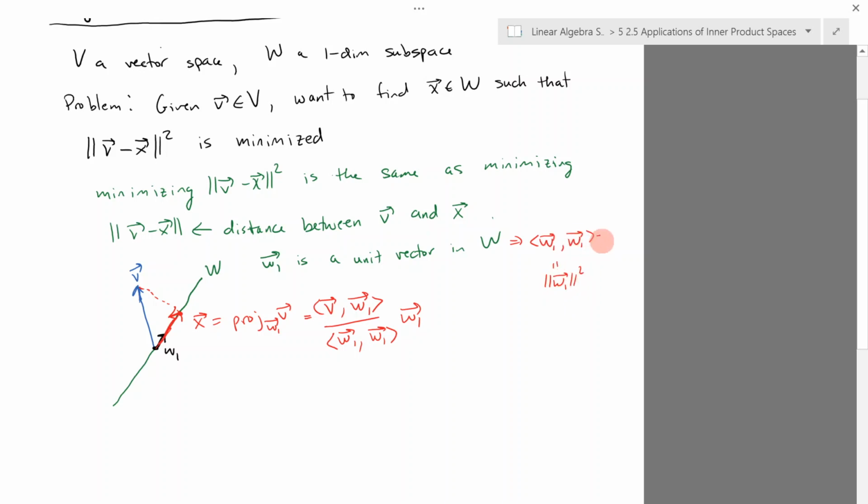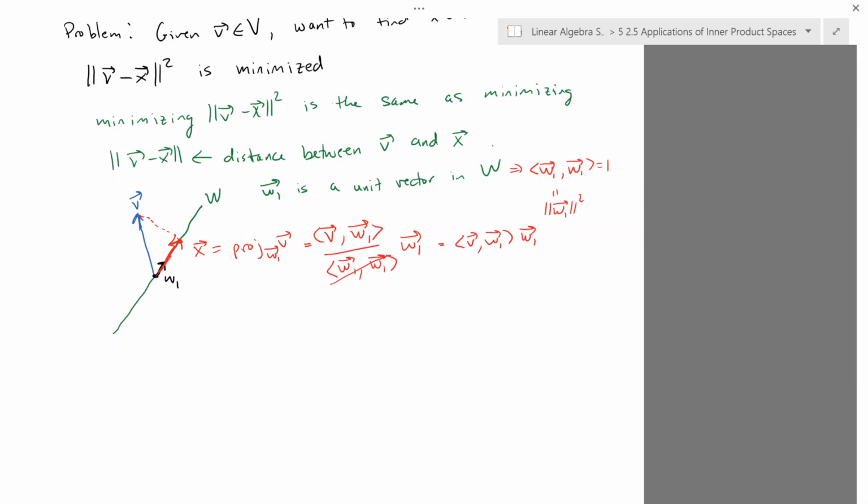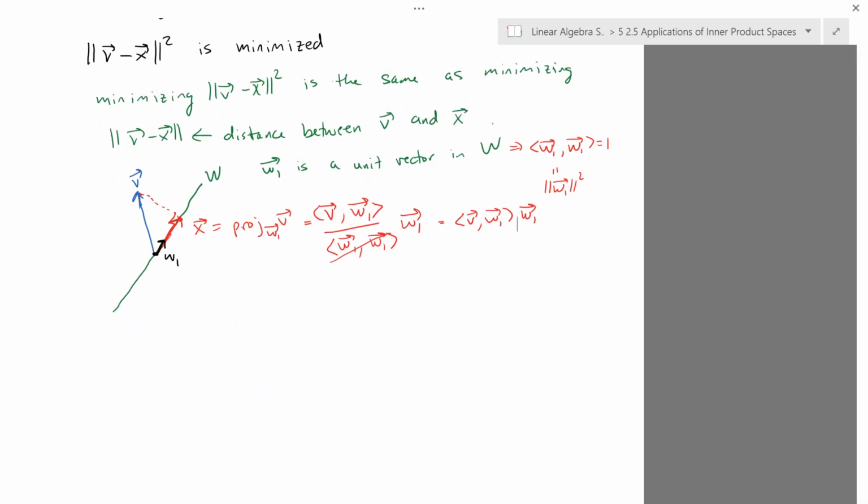Right, so this thing is equal to 1. So if this thing is equal to 1, then the denominator is 1, right? So this is just the inner product of V against W1, scalar multiplying W1.